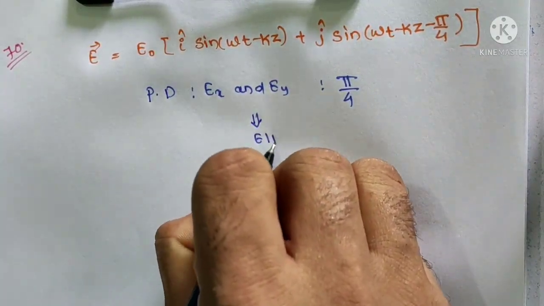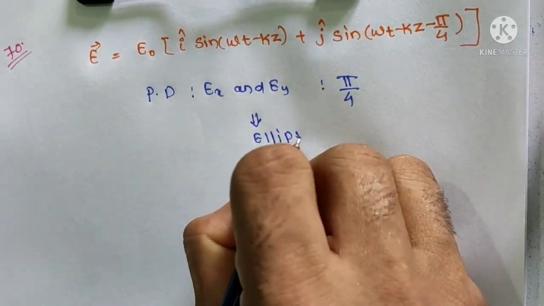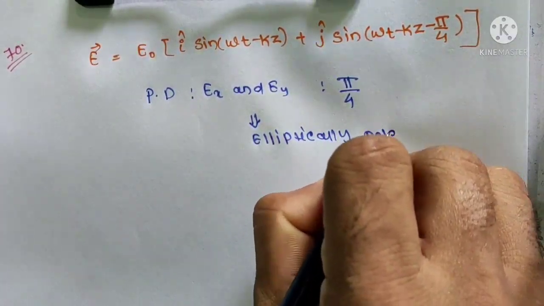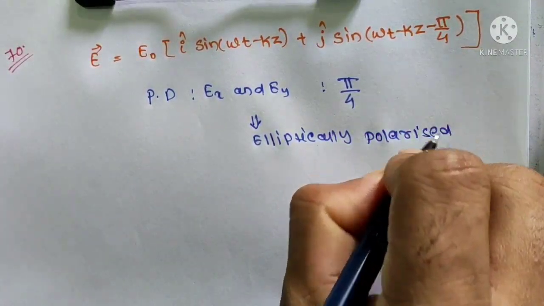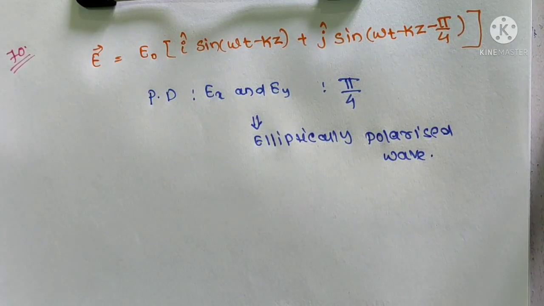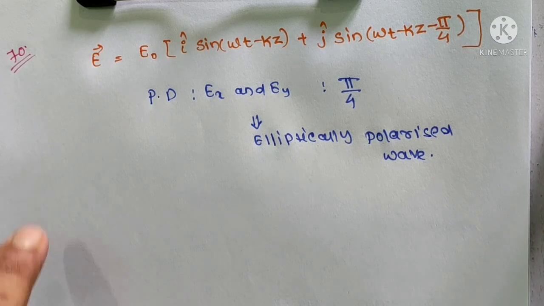So the electric field is an elliptically polarized wave. Now we have to check whether it is left-handed or right-handed. For this we have to check the variation of the tip of the electric field with time.